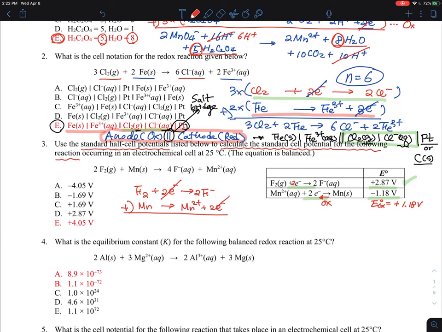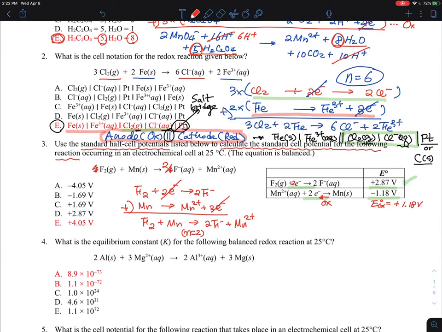The electrons go away, and I will get F2 plus Mn going to 2F minus and Mn2+. And to me, that says n is 2. Let me just fix that up.